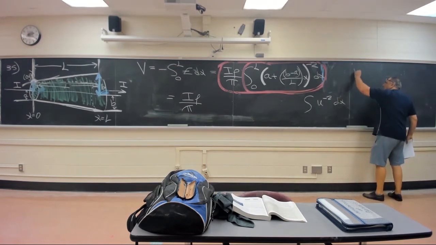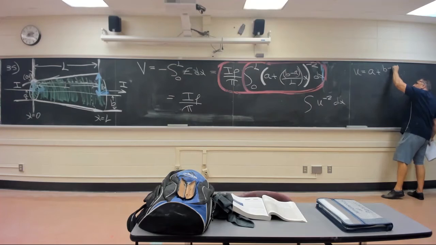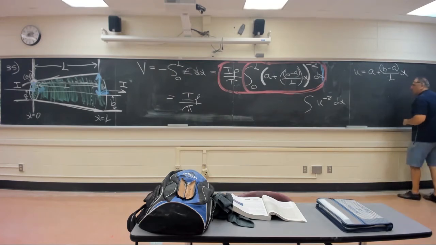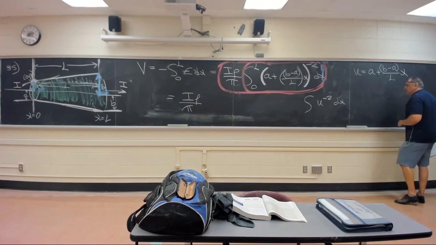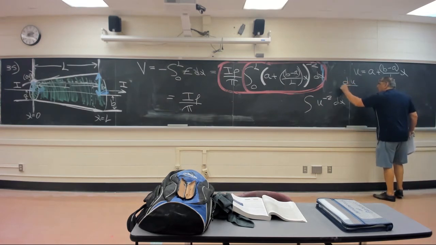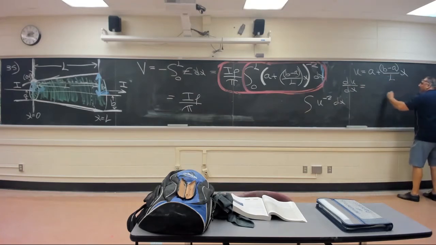is equal to a plus b minus a over capital L times x. That's u, sure is. du dx is just this. It's the slope.